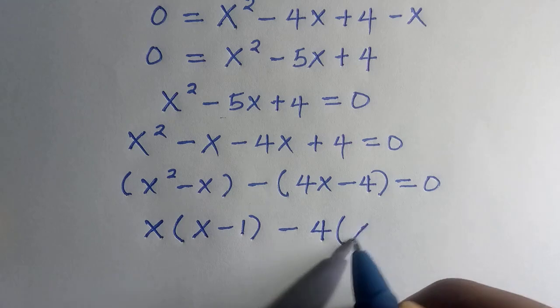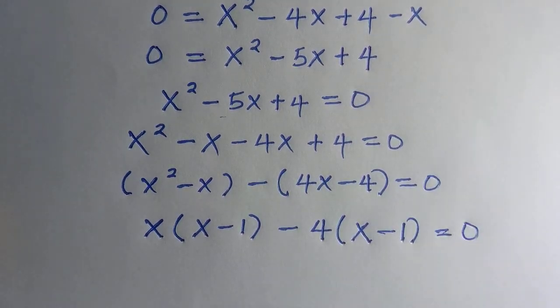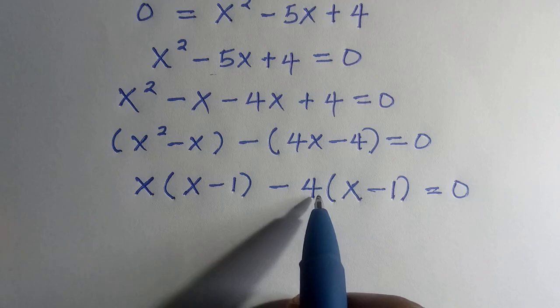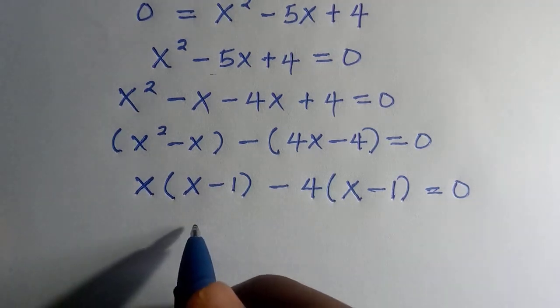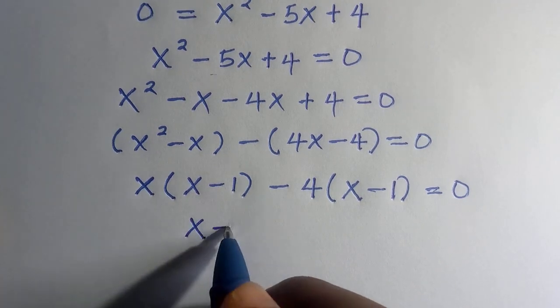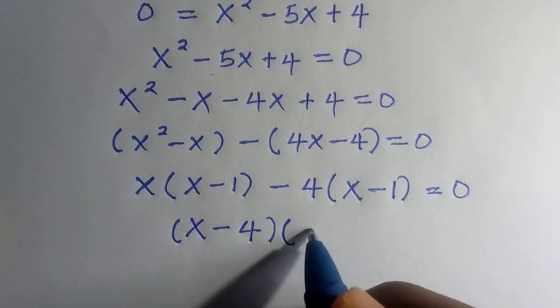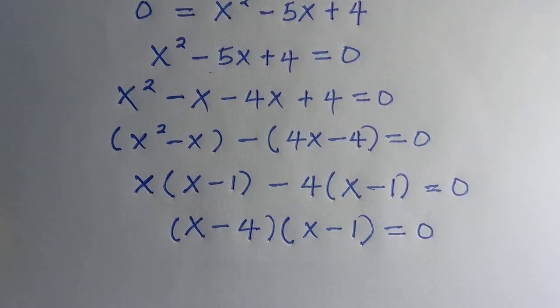We factor it out and here is x minus 1 equals 0. Next we take these together as their coefficients. Since we have x minus 1 common, here we have x minus 4 in bracket, and this is x minus 1, everything equals 0.